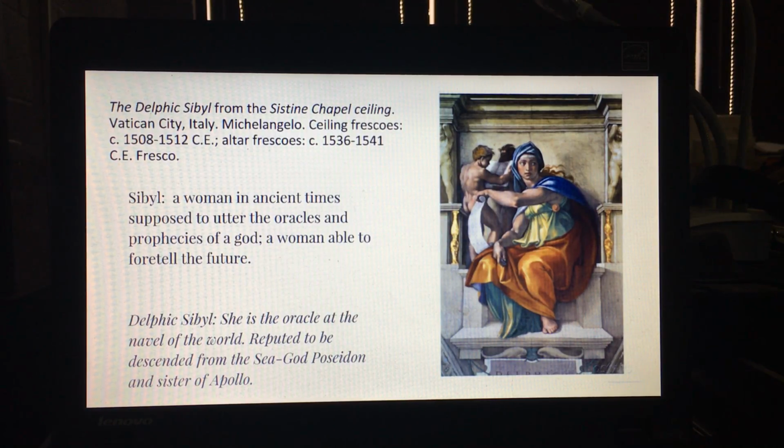And so these Sibyls throughout time would deliver messages from God foretelling the coming of Christ. And so again, we see that mixture of classical mythology and Christianity, right? Because the idea is we don't want to throw away the classics. We can make them fit.